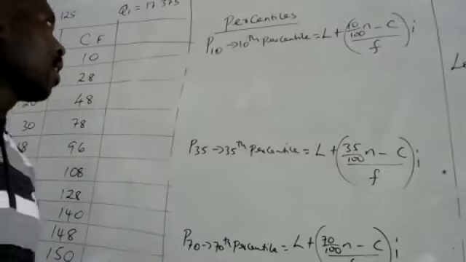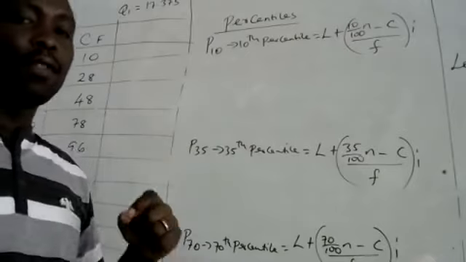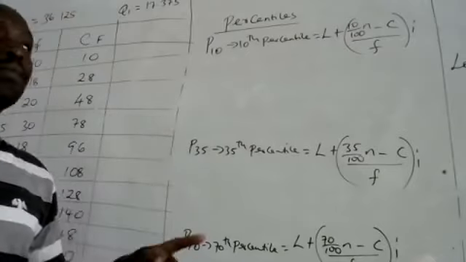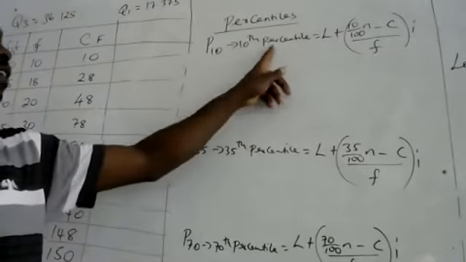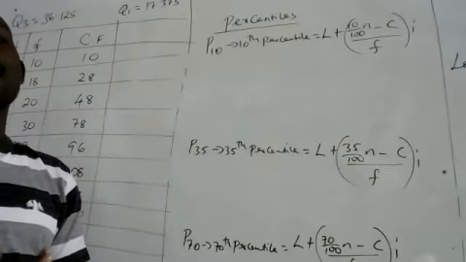So that is it. But the key thing again, you must be able to get the class for the percentile that you are calculating. If you are calculating the 10th percentile, then you must have the 10th percentile class.